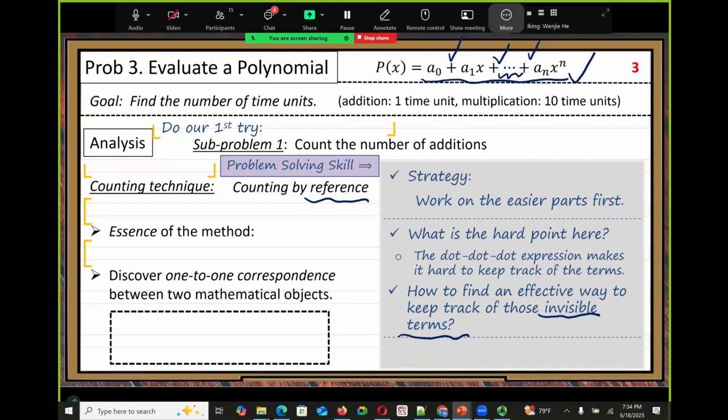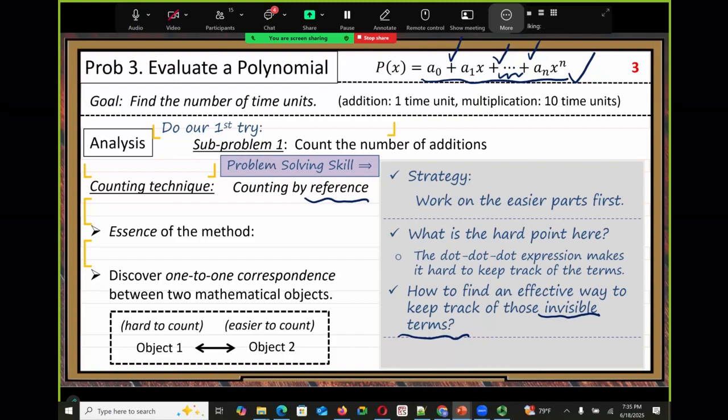Here, I use a simple diagram to explain the counting by reference idea. There are two different objects, and we want to find a one-to-one correspondence between them. Object 1, the plus sign, is hard to count. But object 2 is easier to count.